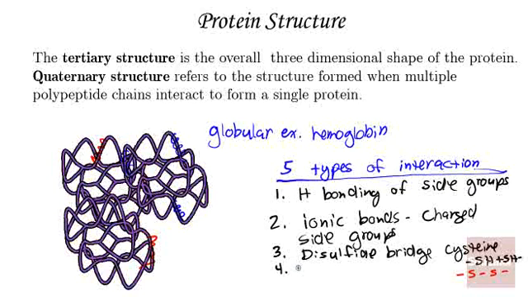The fourth type is hydrophobic interactions. And what this refers to is that amino acids with nonpolar side chains often end up clustered in a central part or in the middle of the protein structure.